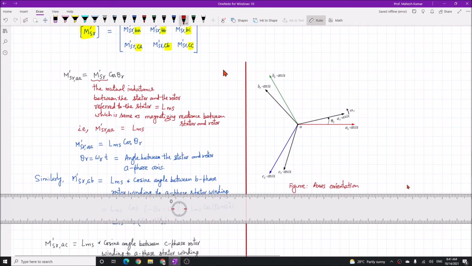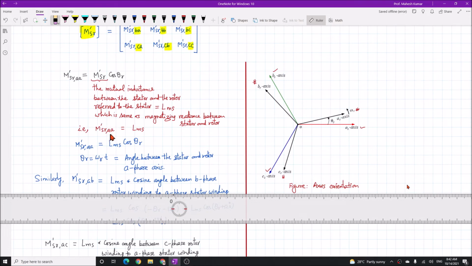This is the same diagram, except I have simplified it. This is the A axis for the stator, this is the B axis for the stator, this is the C axis for the stator, this is the rotor A axis, this is the rotor B axis, and this is the rotor C axis. The angle between the rotor axis and the stator axis is theta r at some instant, let us say t. Then what is MSR-AA?